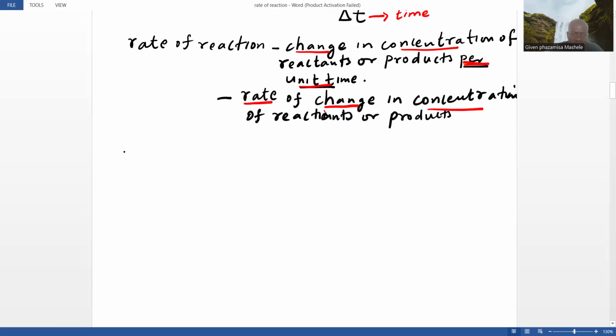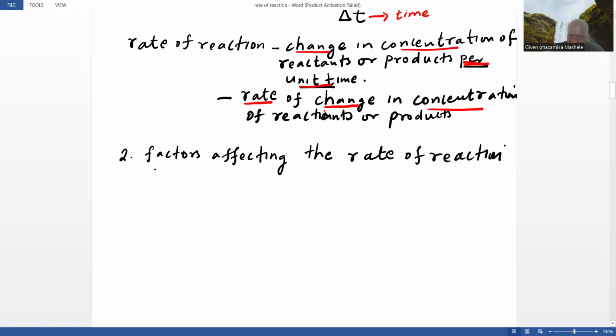Factors affecting the rate of reaction. There are 6 in number.